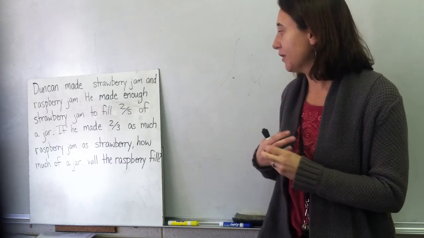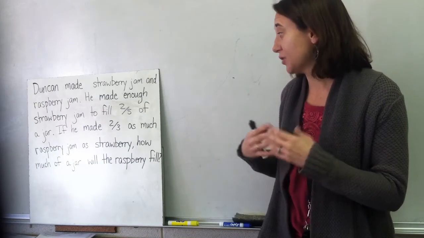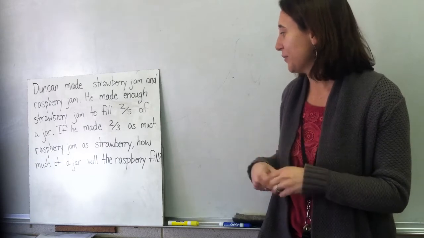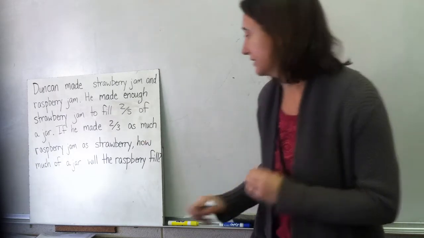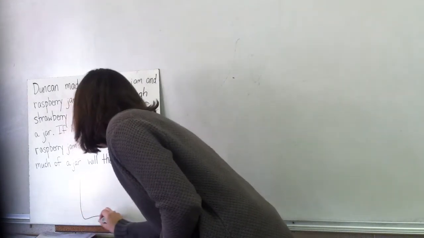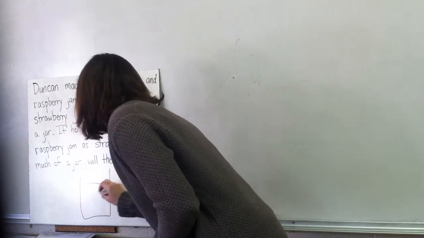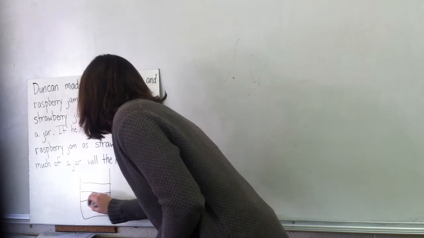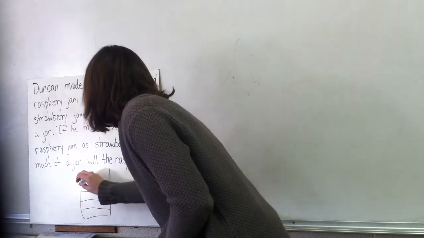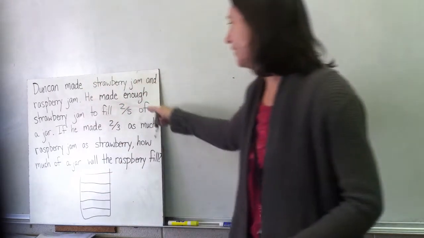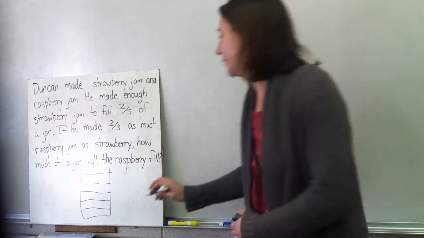If he made 2/3 as much raspberry jam as strawberry, how much of a jar will the raspberry fill? This one's written on your paper already. Here's his jar, and it's divided into 5 equal parts. 1, 2, 3, 4, 5. And he fills 2/5 of it with strawberry jam.